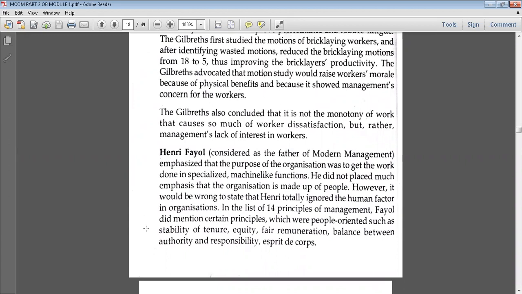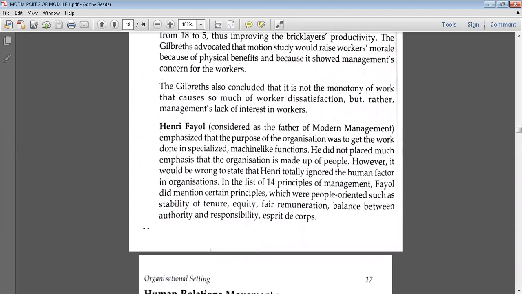Some of these principles were very people oriented or human oriented, like stability of tenure. Stability of tenure means employees should not be unwantedly laid off. If an employee is hired, give that employee some period to get adjusted in an organization.